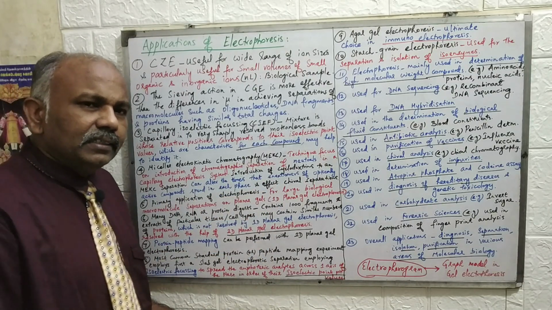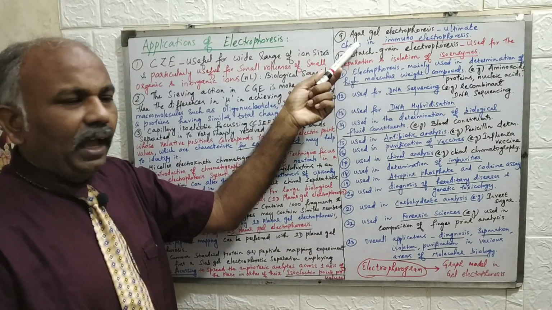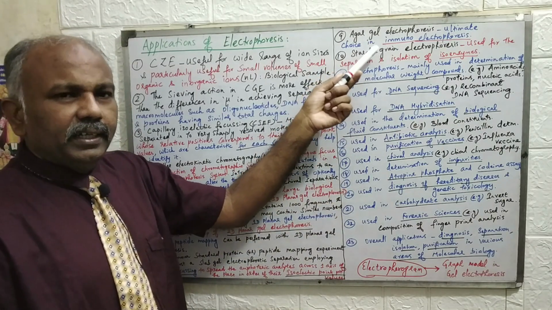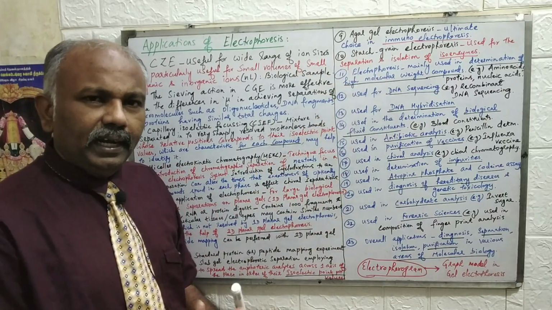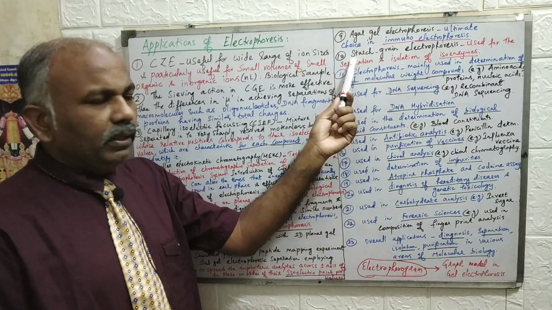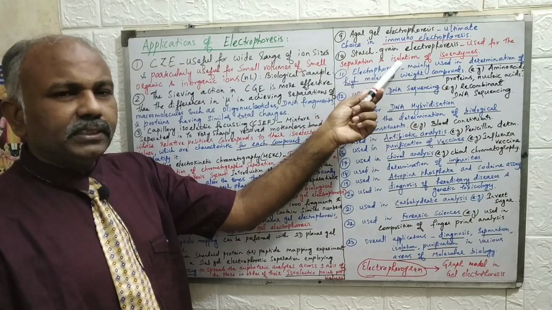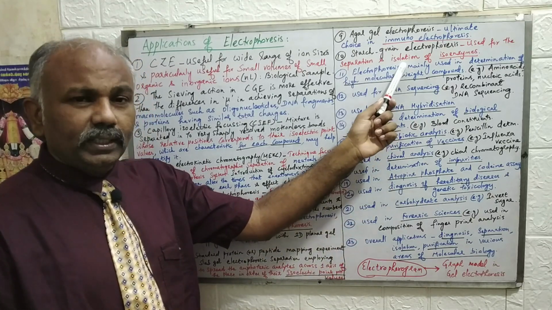Other than that, some other applications are also there for electrophoresis. One important thing is agar gel electrophoresis. If you look at agar gel electrophoresis, it is an ultimate choice in immunoelectrophoresis, where antigen and antibody are involved. Then we can use starch grain electrophoresis, which is used for the separation and isolation of enzymes, right? Particularly isoenzymes.